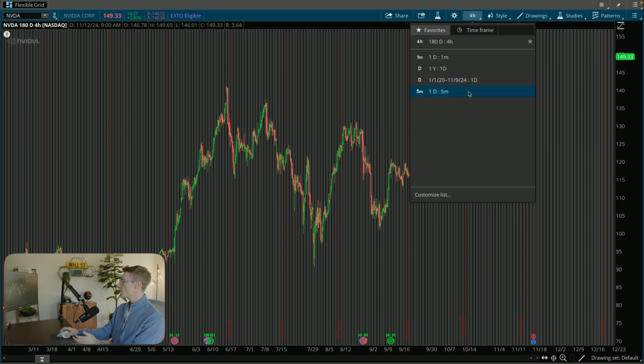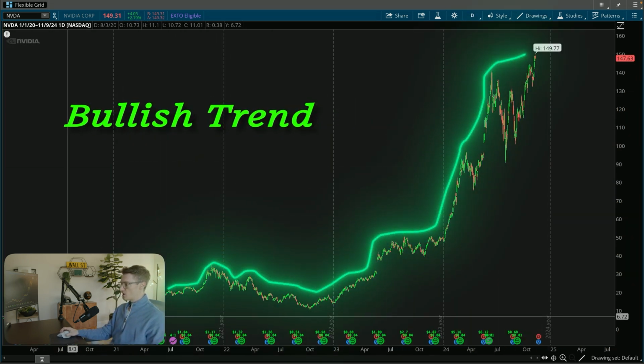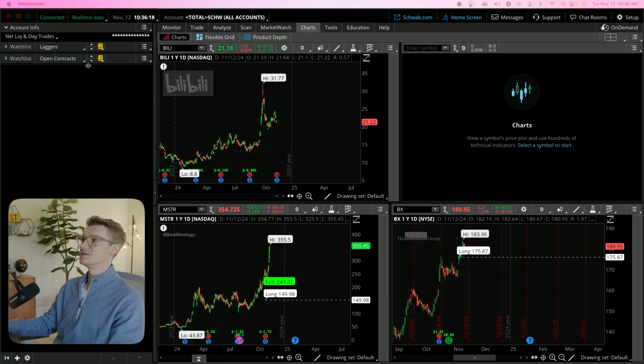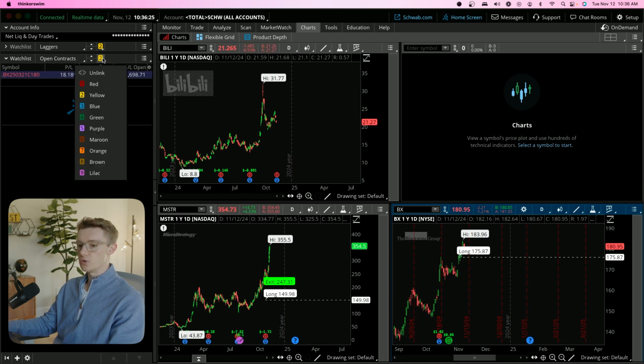We look on a 4-hour, we look on a daily, and you can see the overall trend is bullish, right? And some are very easy to see, like NVIDIA. But there's some charts that aren't so easy to tell what the trend is. So we're just going to go through some random stocks here, and then I'm going to show you a quick and dirty way of identifying what the trend is.